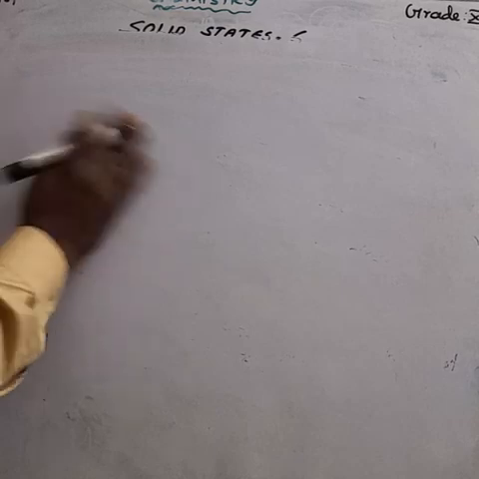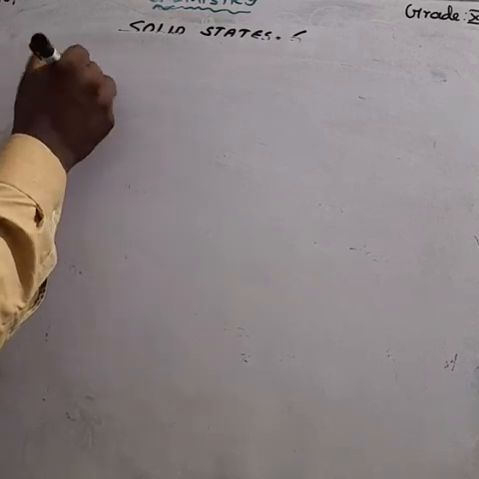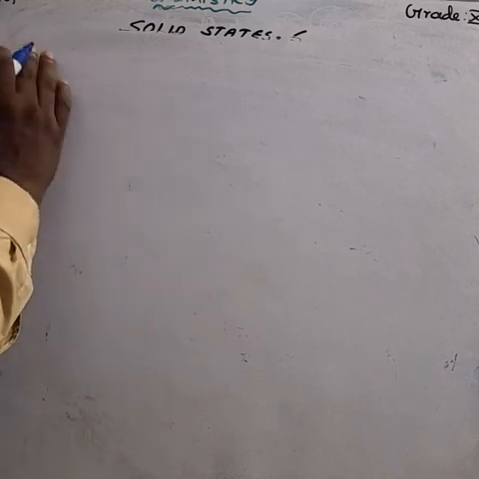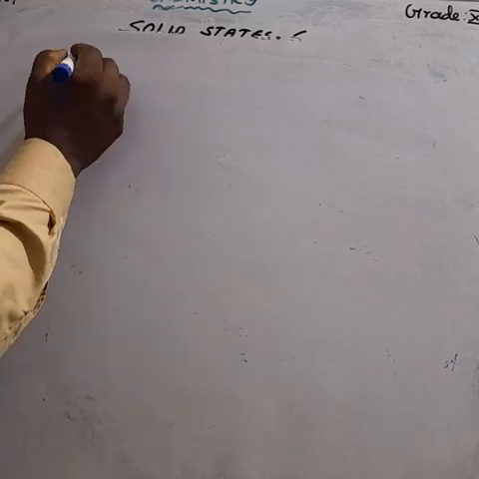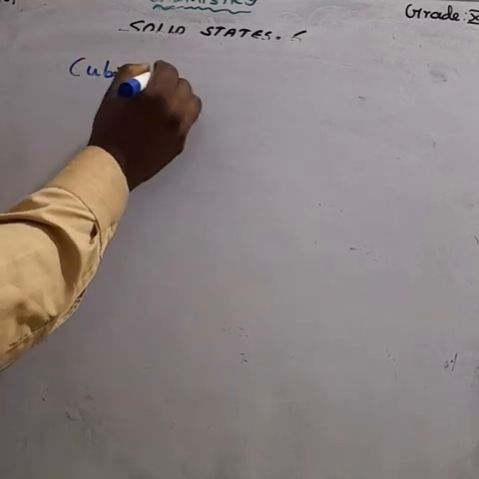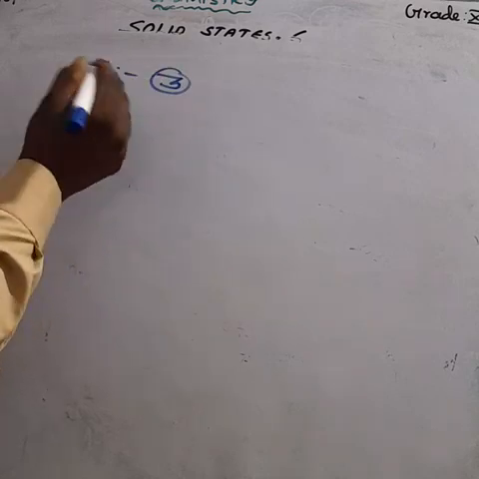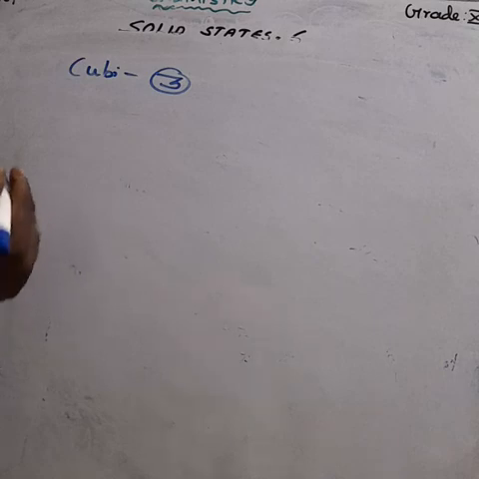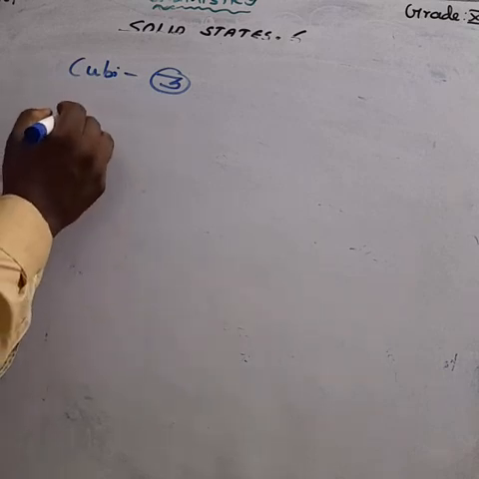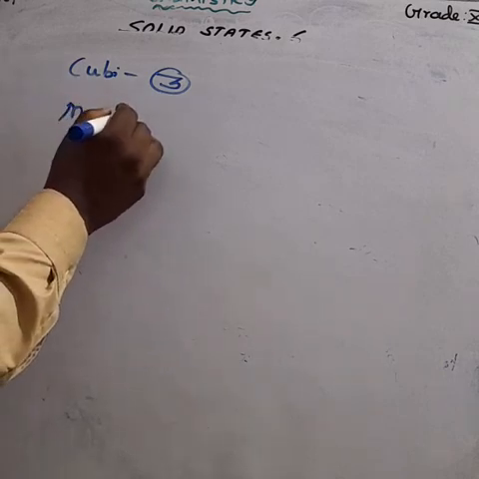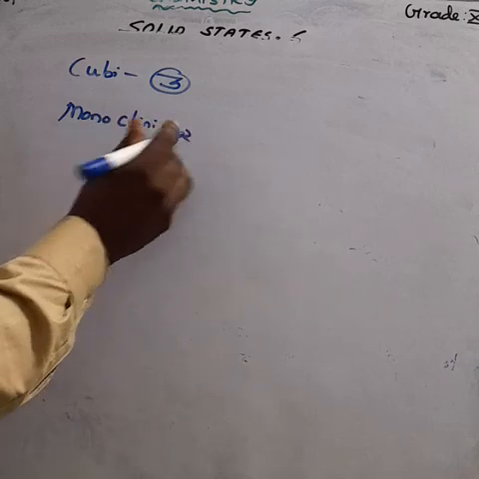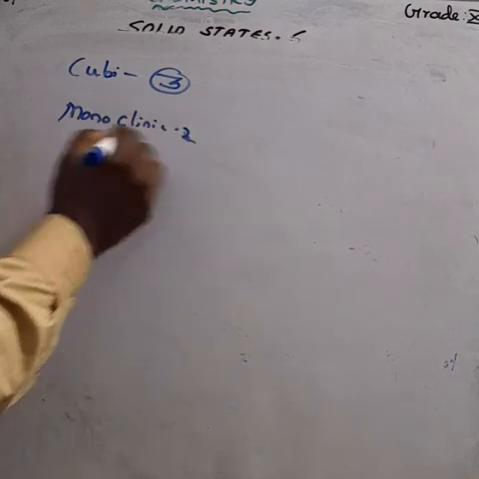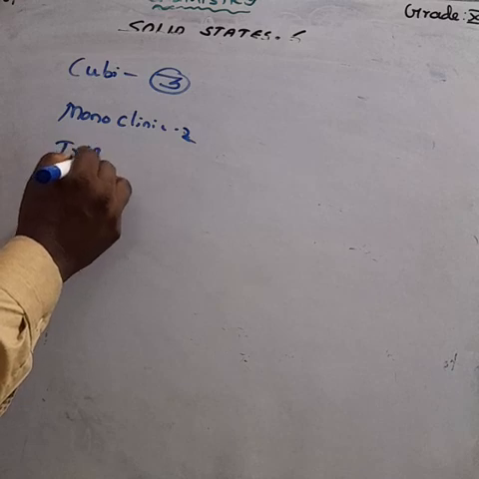First is primitive, body-centered, face-centered for cubic; tetragonal also has two diagrams, primitive and body-centered. Orthorhombic has four: primitive, body-centered, face-centered, and base-centered. Monoclinic has two: primitive and base-centered. Trigonal one, triclinic one. These are the diagrams.